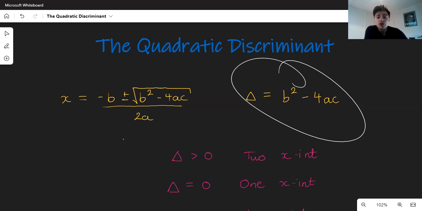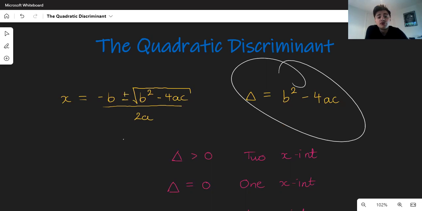So the quadratic discriminant formula comes from the quadratic formula, and it's written underneath the square root sign. That might give you a little bit of insight as to what the particular solutions are allowed and not allowed.